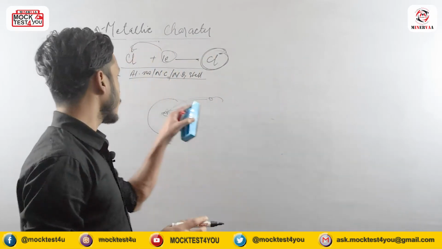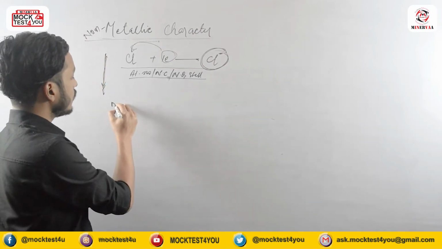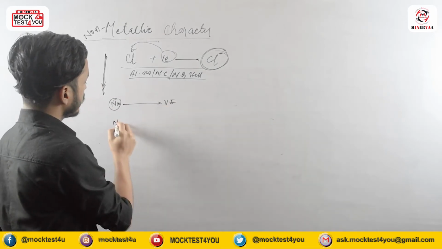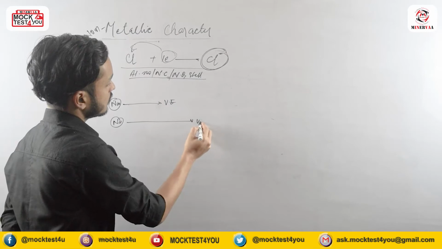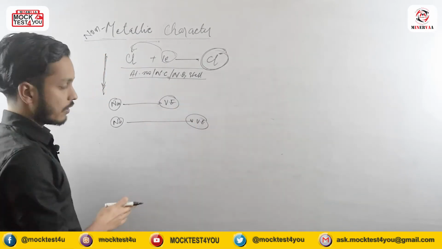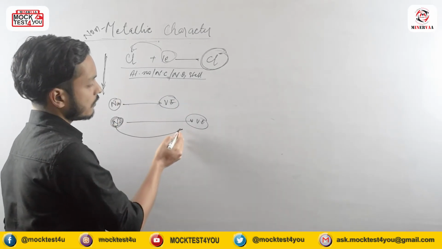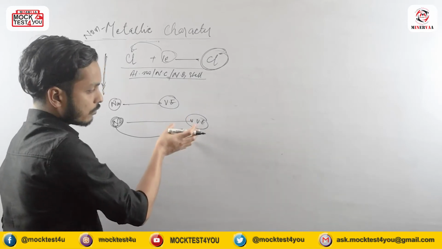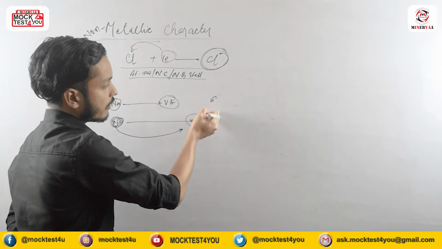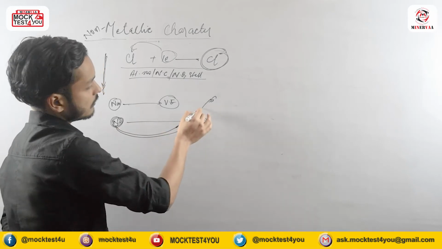So as you can see, when we are moving down the group, the distance between the nucleus and the valence electrons was increasing, right? Since the distance between the nucleus and the valence electron was increasing, it will become very difficult for this nucleus to attract the electron which will come in the valence shell, right?